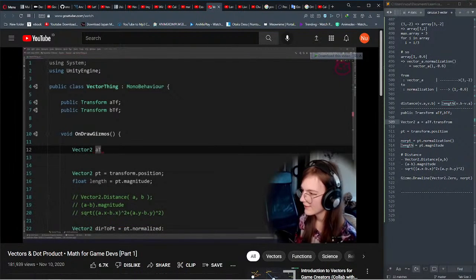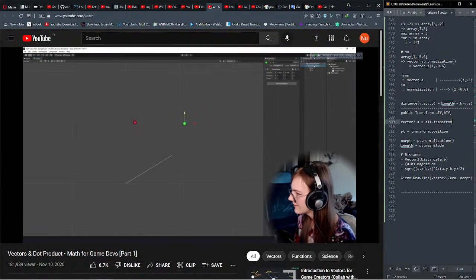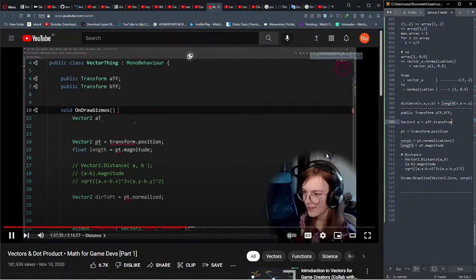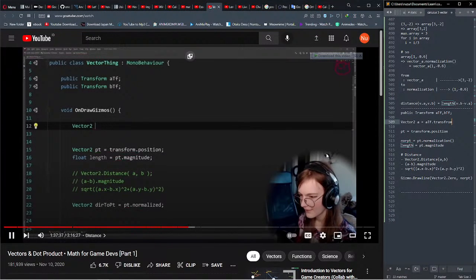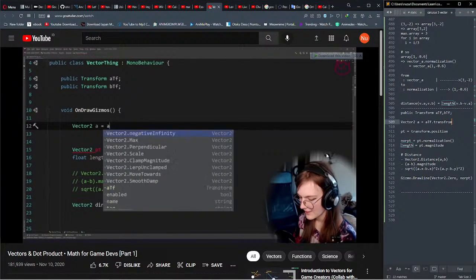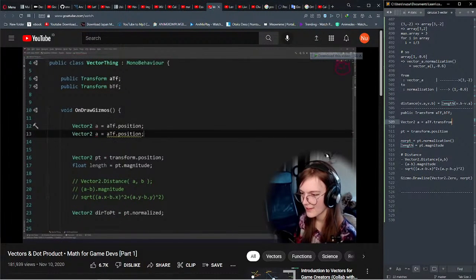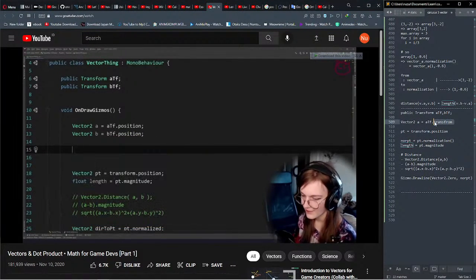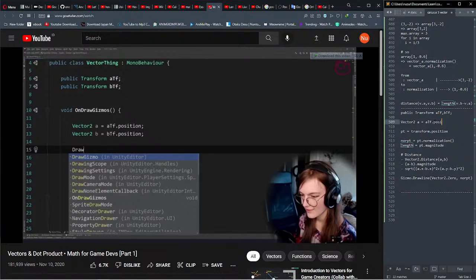So it would be, oh, I need to probably assign them in the inspector. There we go. So now we have, let's see, we just call them A. So that's going to be A transform dot position. Then we do the same thing for B. So now we have the 2 points A and B. And again, we can draw lines to make sure that this is working.